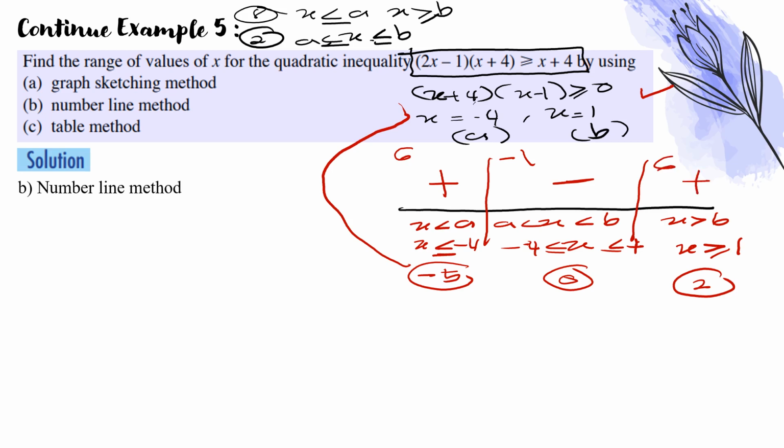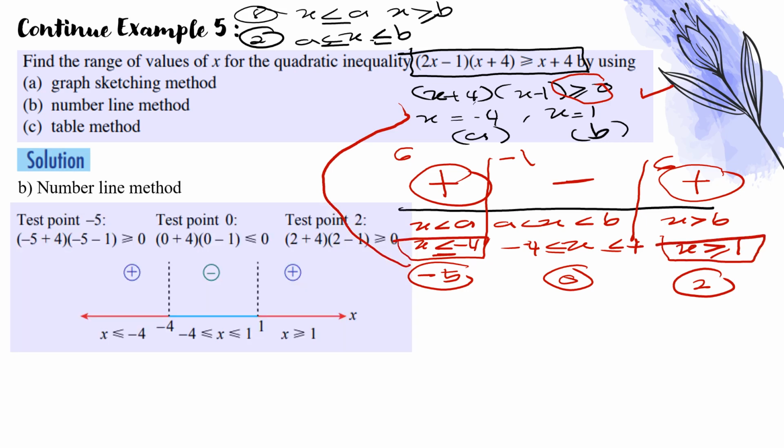Since the inequality here is more than 0, you will choose the positive regions among the 3 parts, these 2 here. So your answer should be x less than negative 4 and x more than or equal to 1. This is neater, you can look at this, it refers to this. So that's how I explain it.